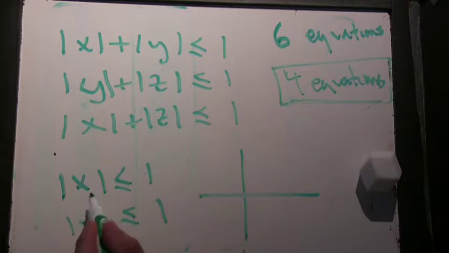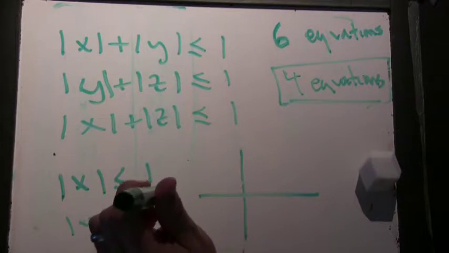We talked about what absolute value of x less than or equal to 1 looks like. Well, absolute value of x equals 1 is sort of this V shape. Draw out for me absolute value of x equals 1.